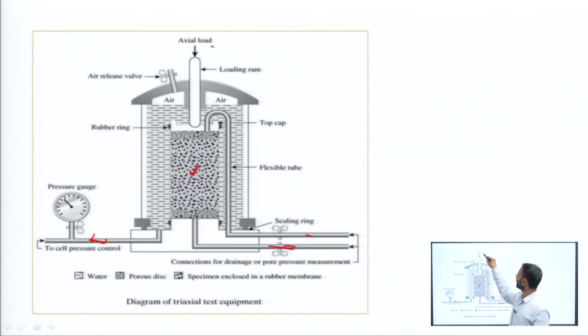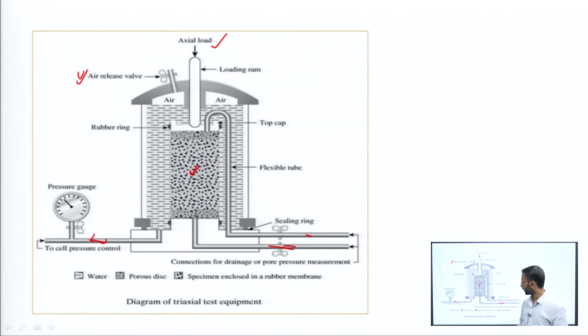Axial load is applied on the soil by this, and we do this in the second stage, because we are additionally applying some stress to cause the failure, which we will see in the subsequent slides. An air release valve is there so that air gets removed, because air will affect your test results. So it is very important that air is released.